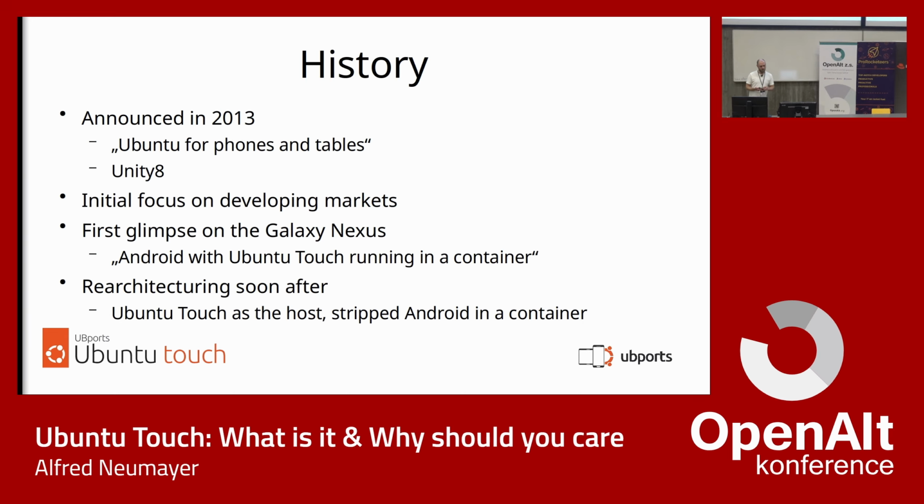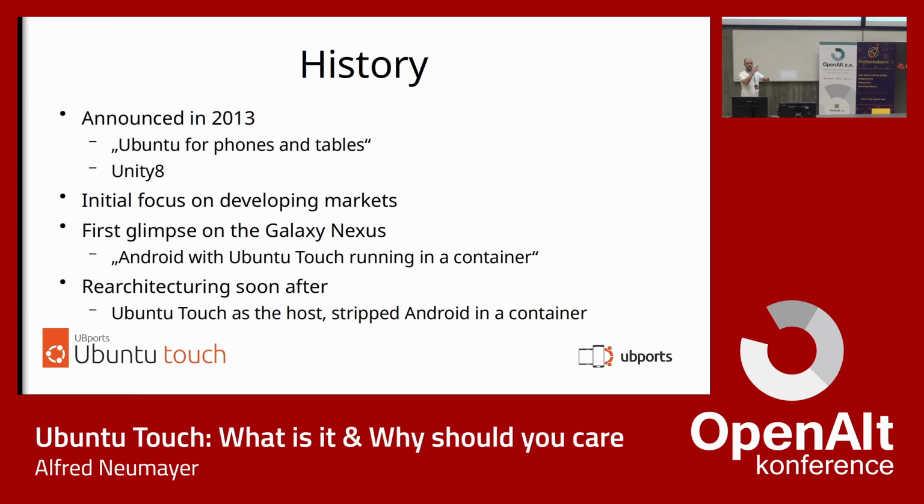The first glimpse was actually on the Samsung Galaxy Nexus. We're going to go into the Android and Ubuntu Touch relationship later, but back then it was Android running as the host and Ubuntu running as a container inside of that host. Soon after, they decided to re-architect that.